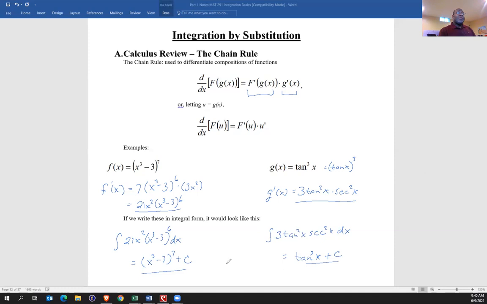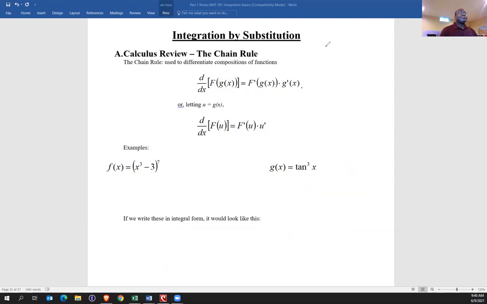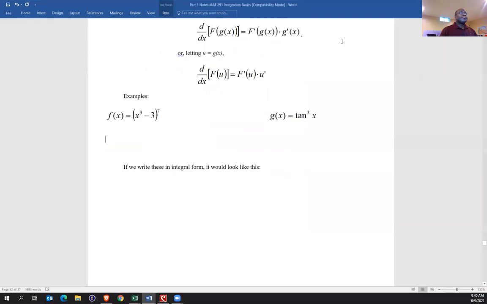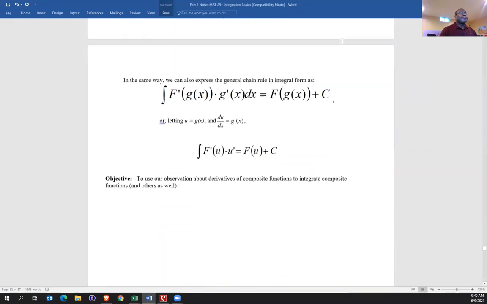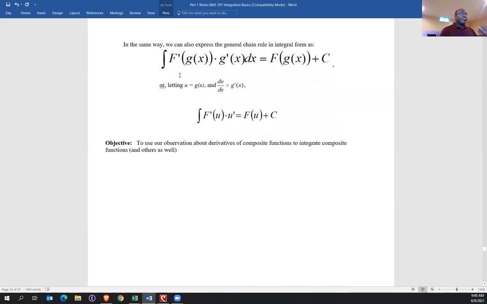So now, if we look at this, we can generalize this integral form in the following way. What you notice is, let's start with the chain rule.